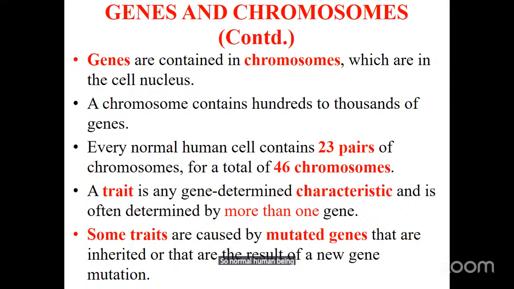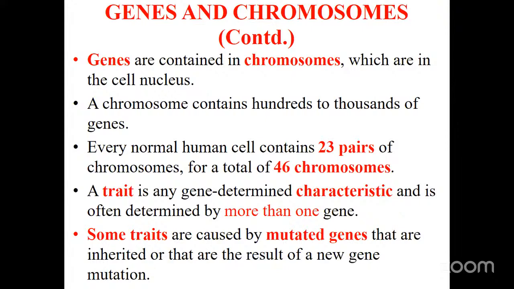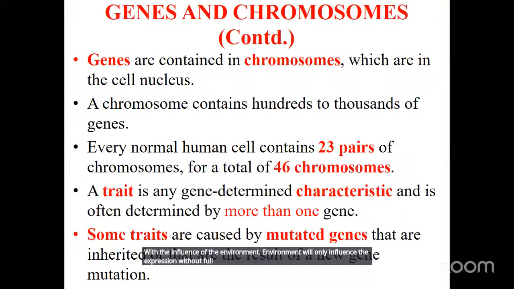So a trait is any gene-determined characteristic, and is often determined by more than one gene. So we have different traits. Any trait you observe in yourself is under the control of genes with the influence of the environment. Environment will only influence the expression, whether full expression or partial, as the case may be.